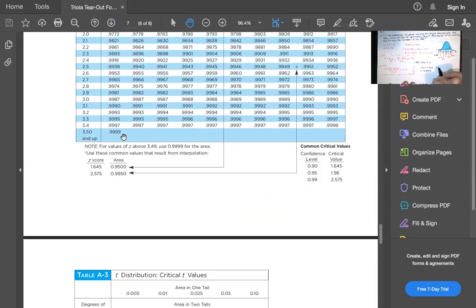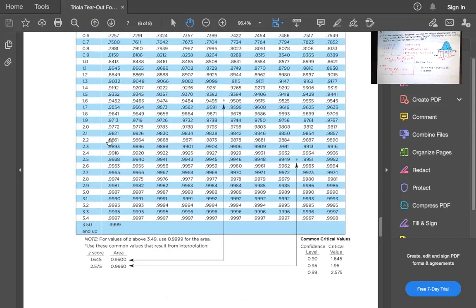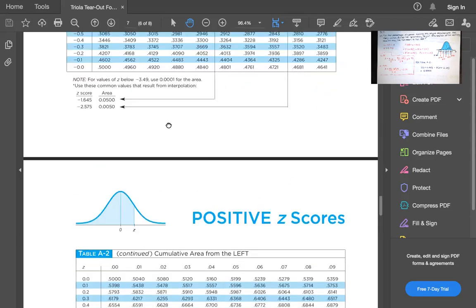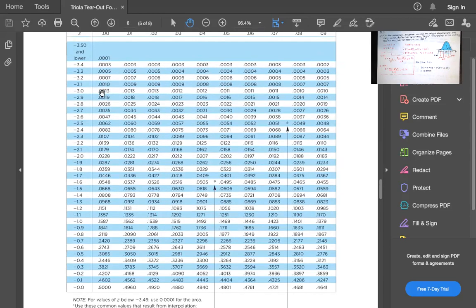And then we're subtracting the probability that z is less than -2.25. So we go to -2.25. It's on our negative z-scores page. So there's -2.20, 2.21, 2.22, 2.23, 2.24, 2.25.